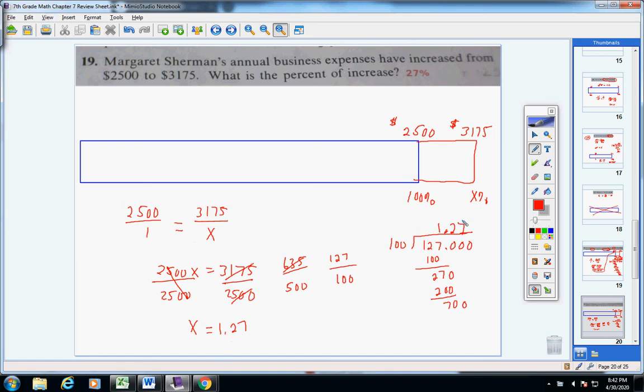Okay? Now, my answer is supposed to be a percent. So I've got to change this to a percent, and I get 127%. So that goes right here. Okay? But guys, is that what they're asking? No. It's asking what's the percent of increase. What is the increase? What's the percent of increase?